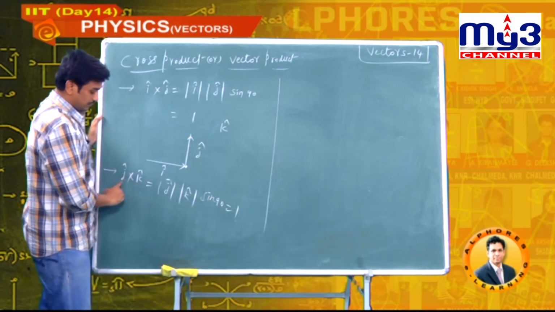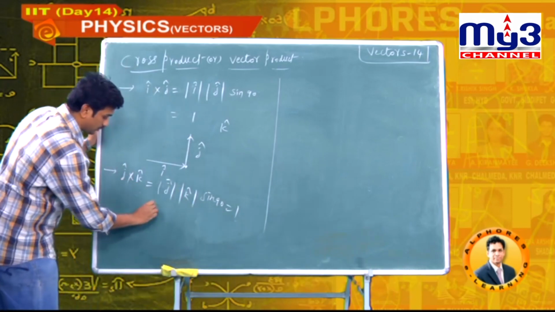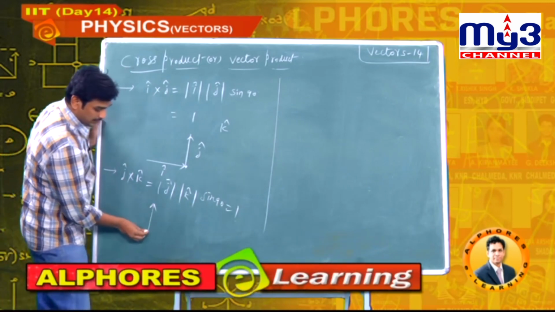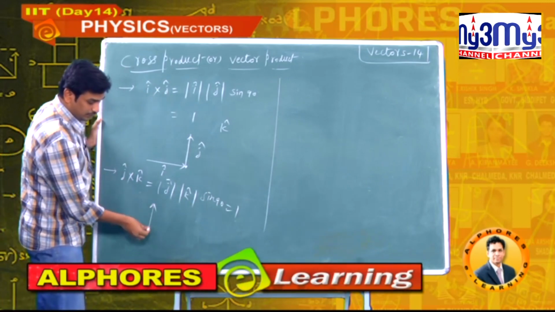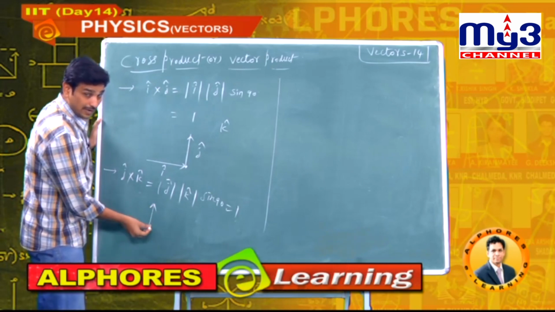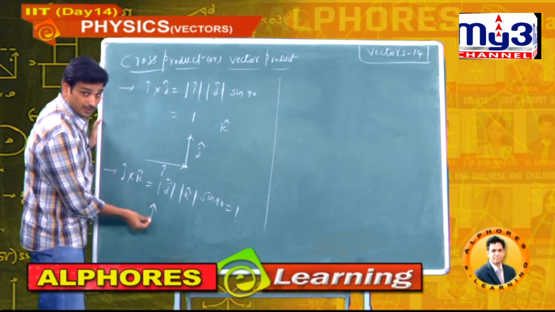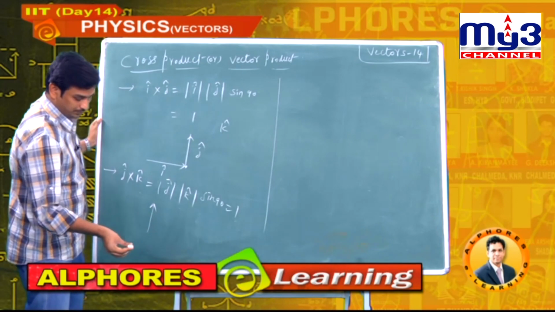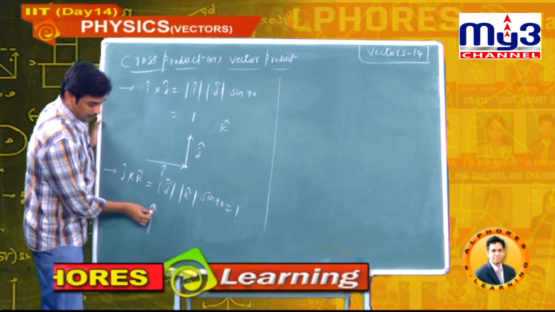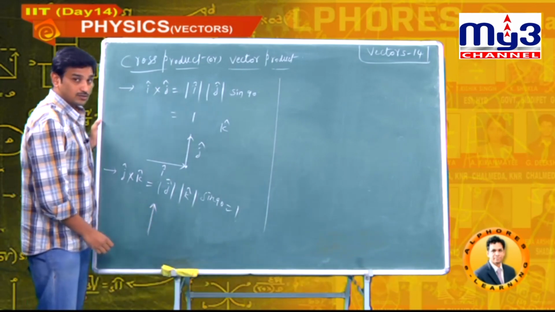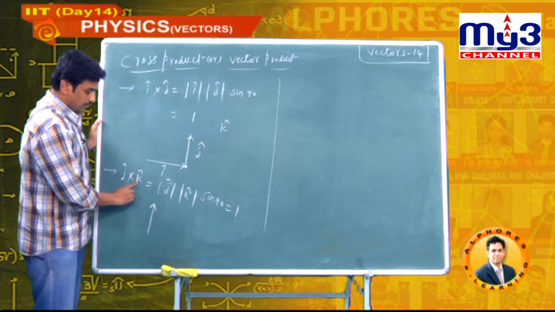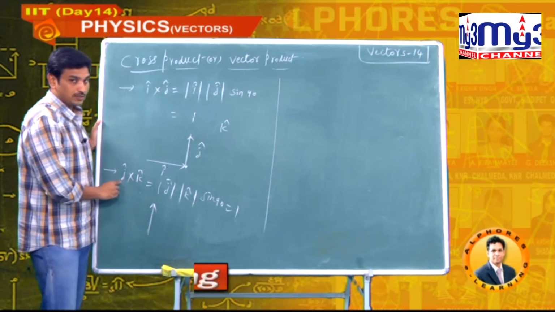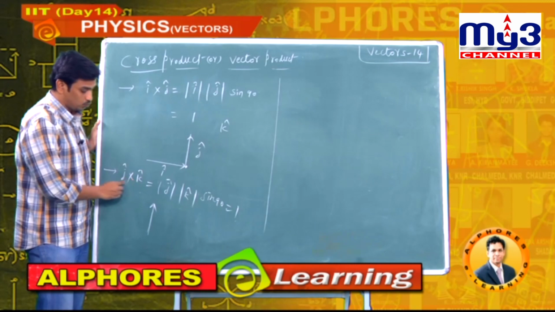Now what is the direction? See here, this is y, this is z. It's 3-dimensional geometry, so it's hard to observe this. Do you understand my point? It's a plus z, it's a plus y. The cross product of these two lies in the YZ plane. The cross product is always perpendicular to the plane of these two.